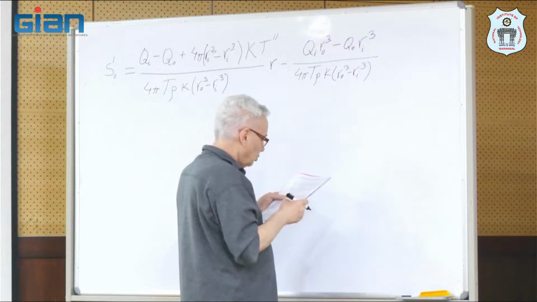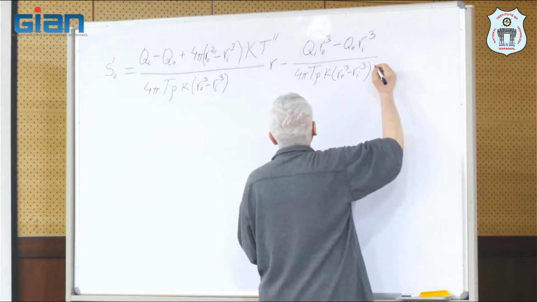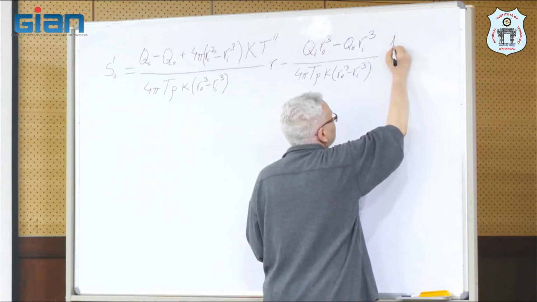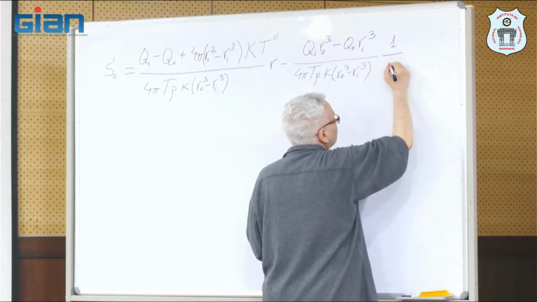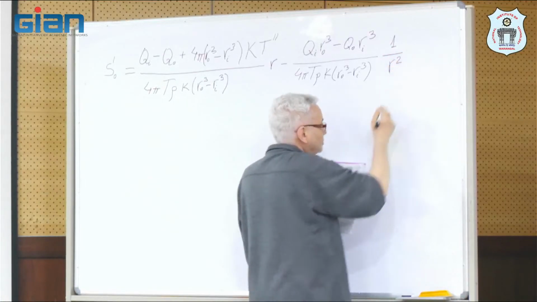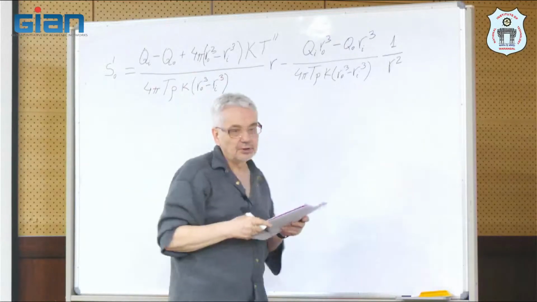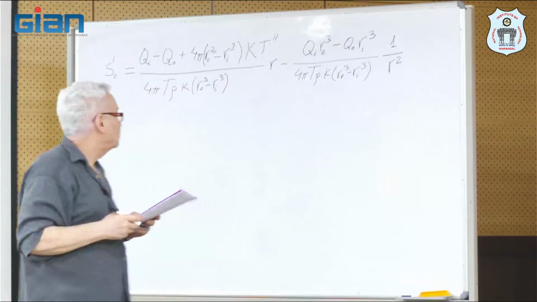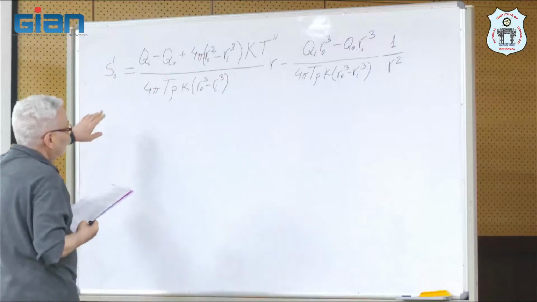And this is also acting like, okay, let's write it in a slightly different way than in that notation. Inverse R squared. So this is the major source of convective instability.